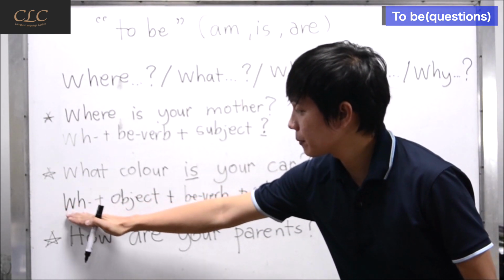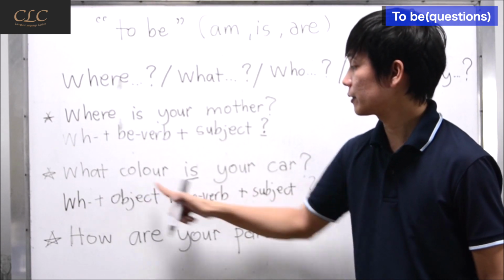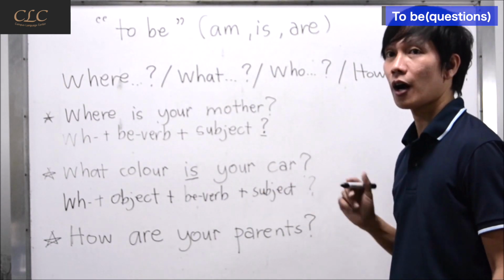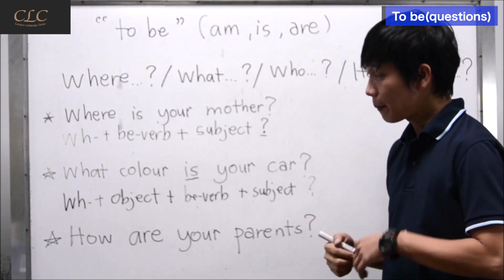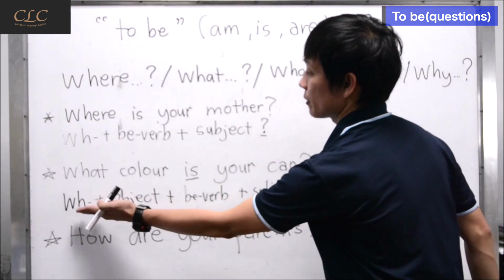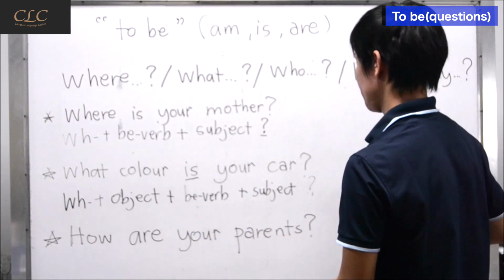WH or the relative pronoun, then we have the object. Color is the object, then the be verb is, and then the subject is your car. Now, let's make another example using this structure: relative pronoun, object, be verb, and subject.